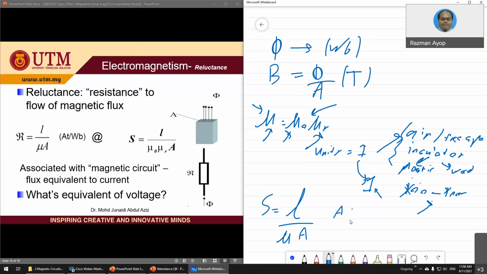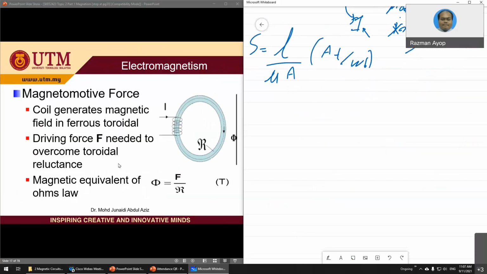So the unit is AT divided by Weber. Then you learn about magnetomotive force. F equals flux multiplied by the reluctance. So basically it is almost the same as for electrical.